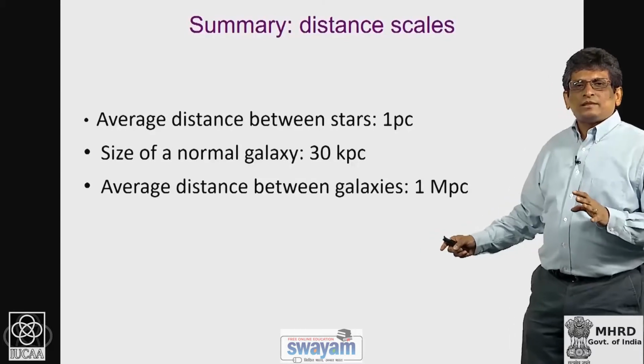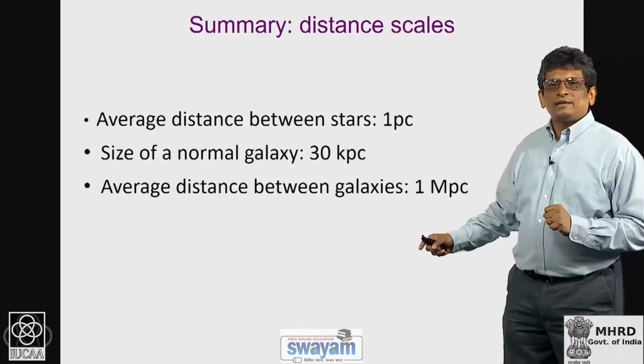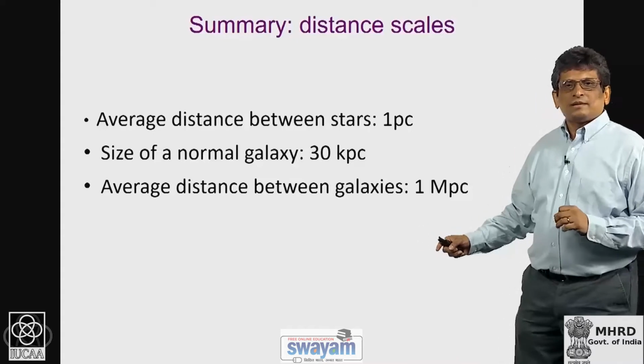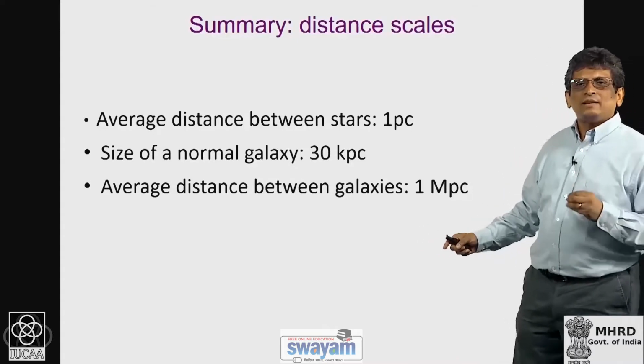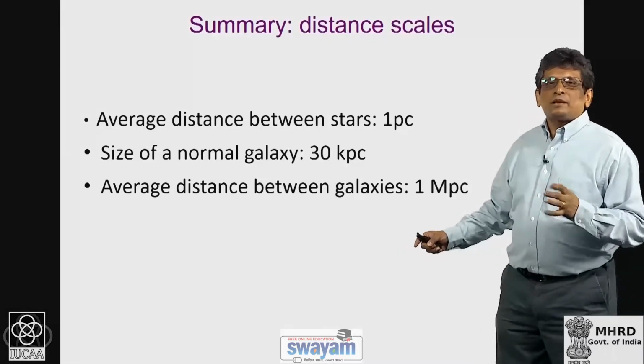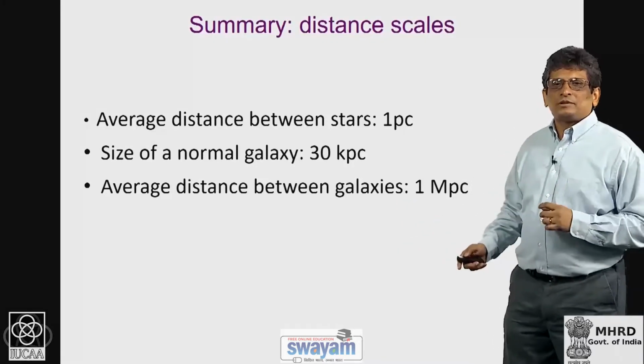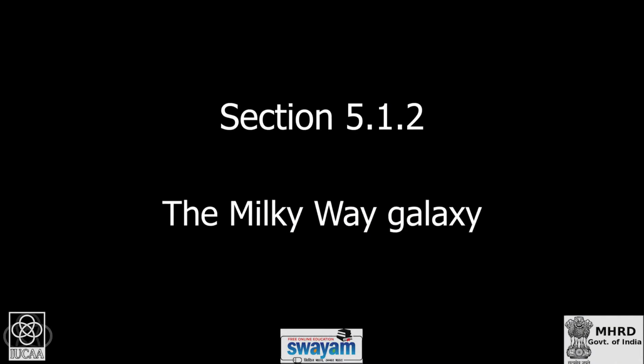And it turns out that the average distance between galaxies is 1,000,000 parsecs, 1 megaparsec. The nearest galaxy to the Milky Way is about 0.7 megaparsec, but the average is about a megaparsec.